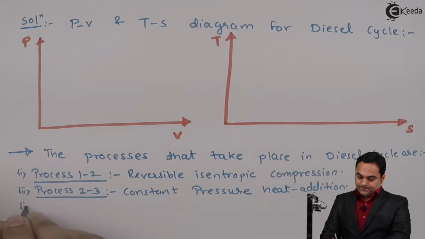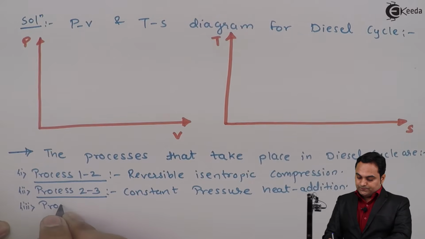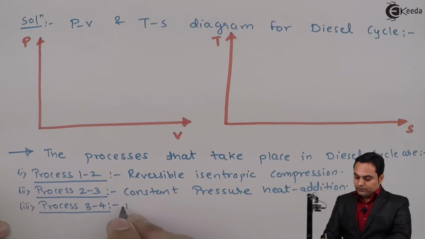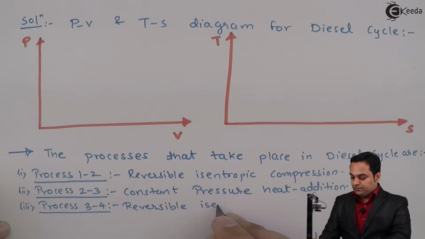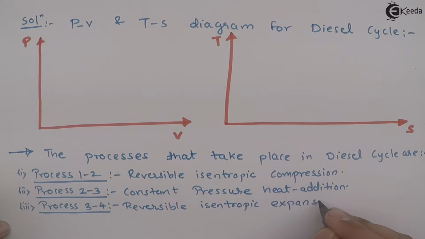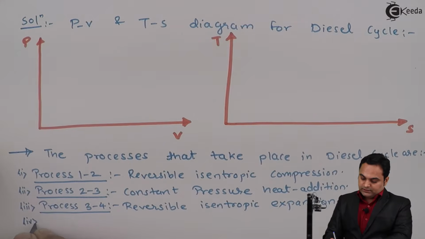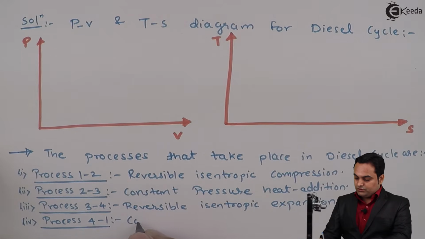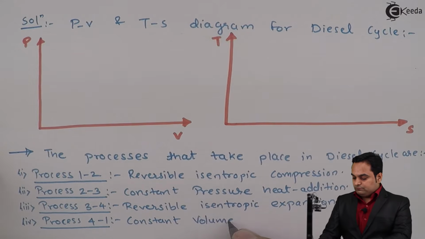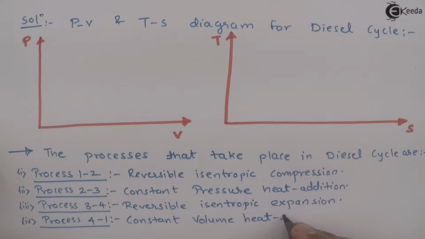Then process 3 to 4 is reversible isentropic expansion. At last, process 4 to 1 is constant volume heat rejection.